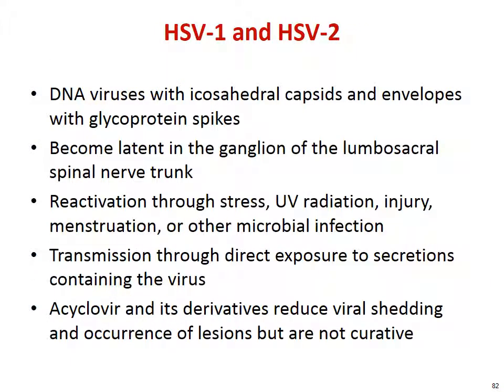So let me remind you, both HSV-1 and 2 can present on the genitals, and it's because where they were introduced on the genitals allows the virus to become latent, and thus it will keep showing up, reappearing along the genitals. Things that allow for this reactivation include stress, UV radiation, injury, even other infections.